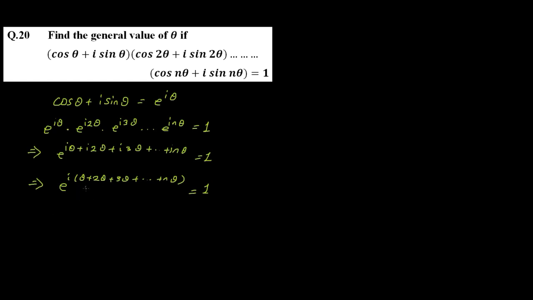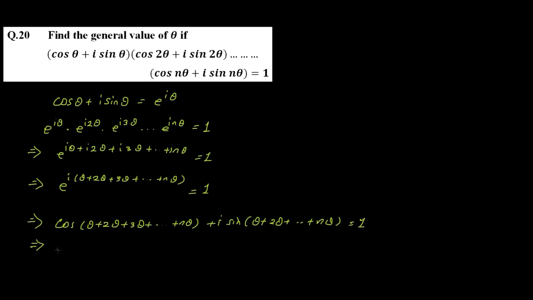So e to the power iota theta can be written as cos theta plus iota sin theta. So here what is my theta? The argument is theta plus 2 theta plus 3 theta up to n theta. So I can write cos (theta plus 2 theta plus 3 theta up to n theta) plus iota sin (theta plus 2 theta up to n theta) is equal to 1.